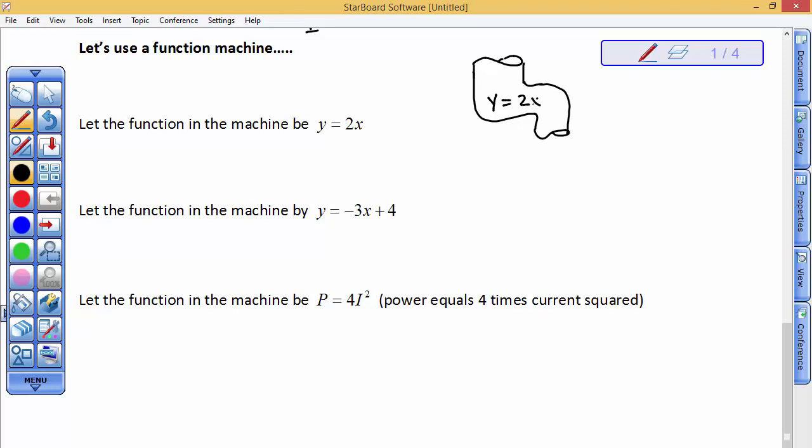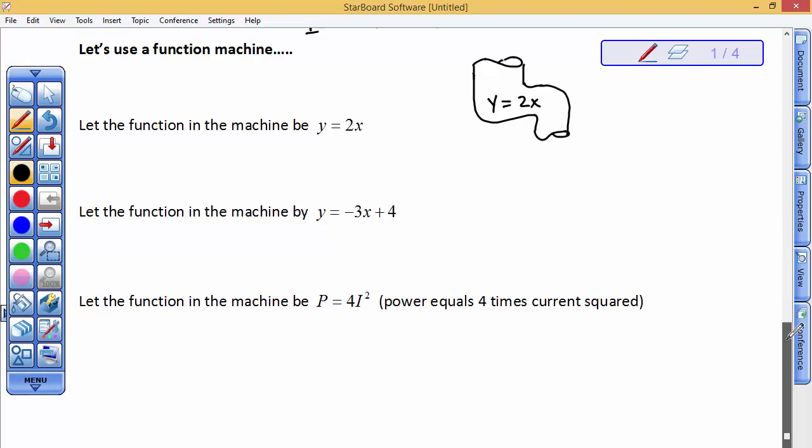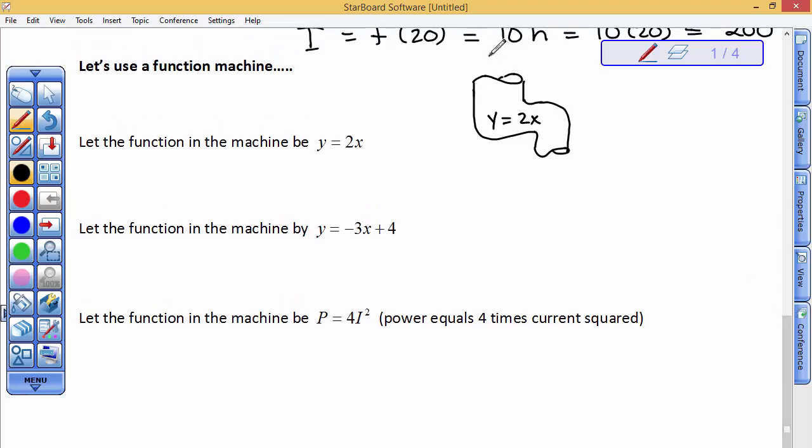Let's say I ask you to put the number 2 into this equation. The way I would normally say that is to find f of 2. But I'm asking you to dump a 2 in here, put it right there into the formula, 2 times x, which is 2, and give me an answer out. So I'm asking you to put the 2 in for x and give me an answer out.